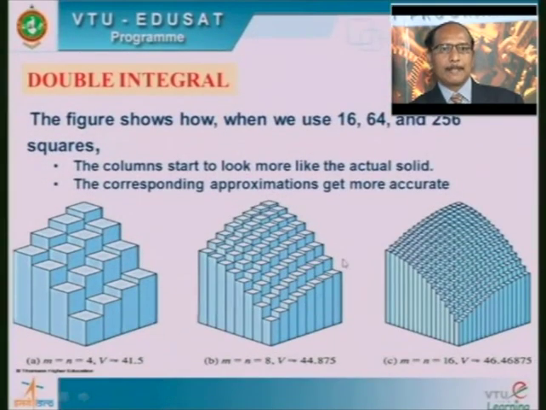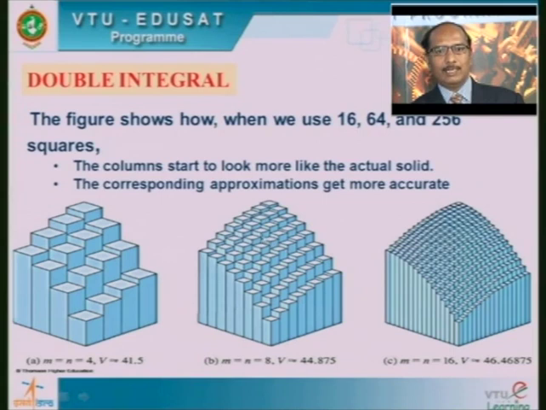See, the figure shows that when we use 16, the volume gives 41.5. If we use 16, meaning 4 into 4, 4 divisions along the x-axis, 4 divisions along the y-axis, totally 16 square subregions, those volumes are added, that gives 41.5 as the volume.